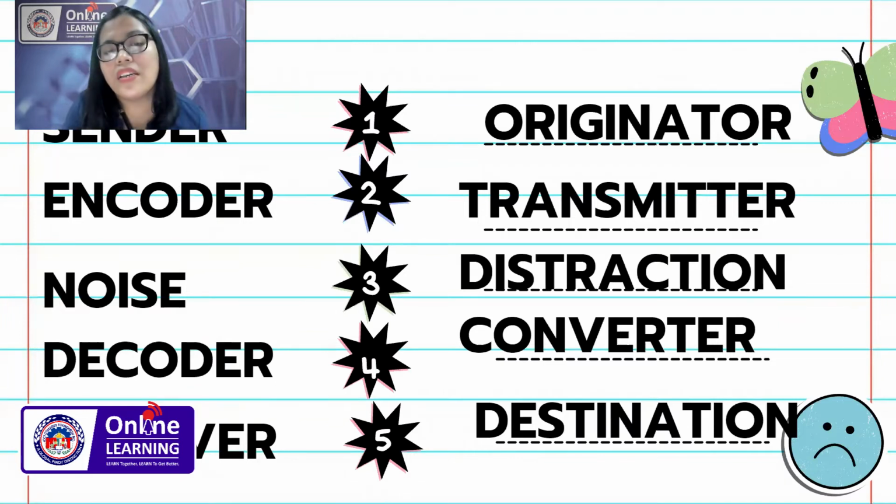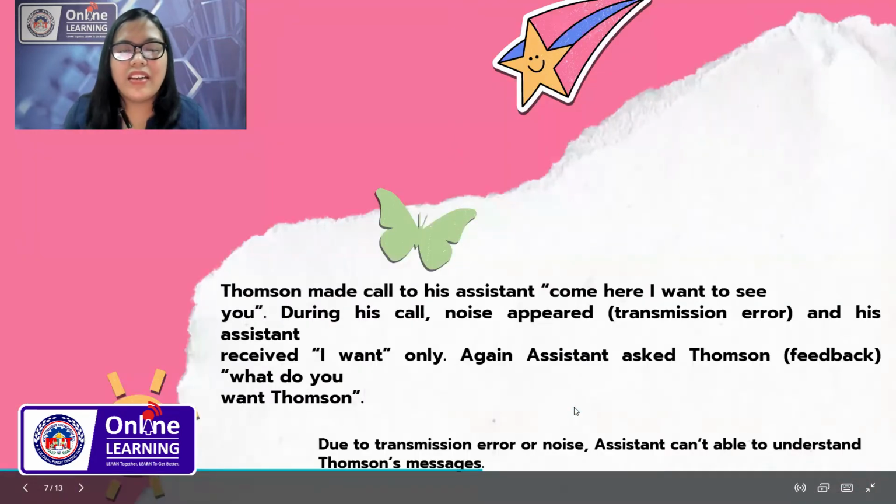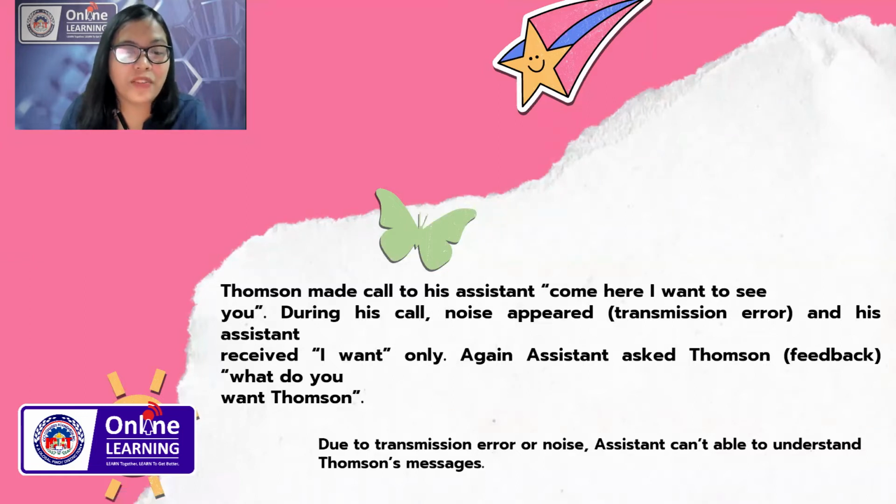So how does this model or process of communication show us? Here is an example for us to understand the Shannon-Weaver model of communication. Thompson made a call to his assistant. Come here, I want to see you.